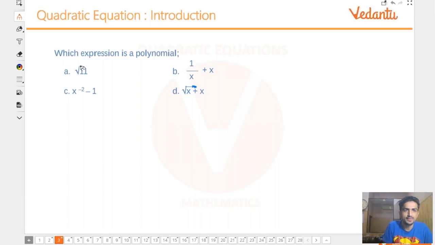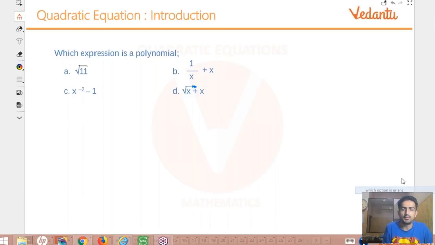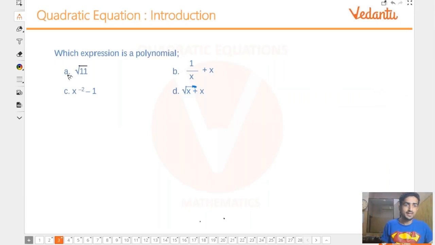Root of 11, 1 by x plus x, x power minus 2 minus 1, root x plus x. Which of these is a polynomial? The answer is root of 11. This is the right answer.